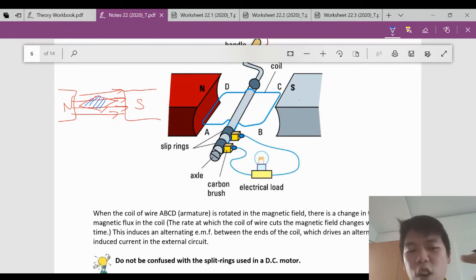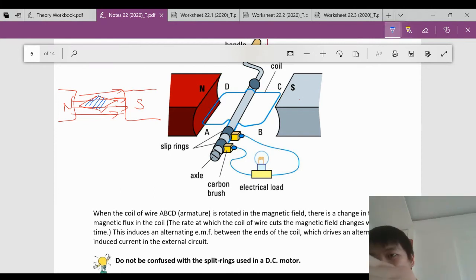So when you have a change in magnetic field cutting through the coil itself, there is a change in magnetic flux. So when there is a change in your magnetic flux itself, there will be an induced EMF. So let's come back here. When the coil rotates, there is a change in the magnetic flux. Keyword here is the change in magnetic flux in the coil.